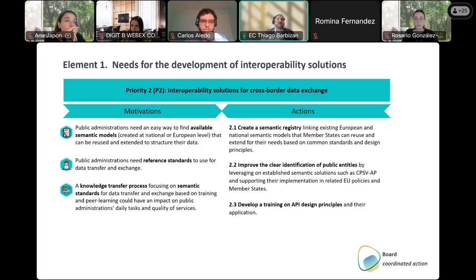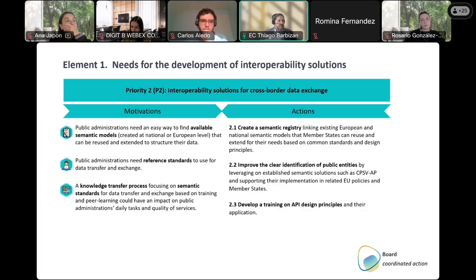The core of this action is to improve the identification of public entities by leveraging well-established semantic solutions, like the Core Public Service Vocabulary Application Profile, CPSV-AP, and supporting their implementation in related EU policies and member states. So this is a data model to standardize the description of public services and the associated life and business events.